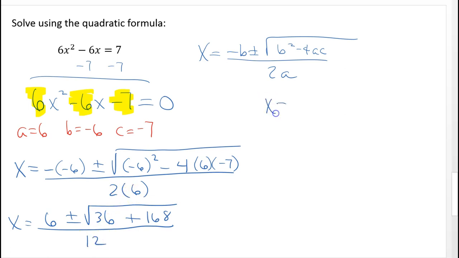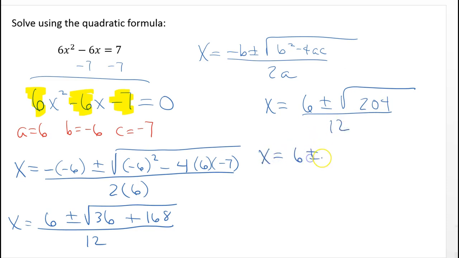The process is you just continue to simplify this as much as possible. So 36 plus 168 gives me 204, okay, over 12. Now we need to break down 204. What I'm trying to figure out is, is there a perfect square that divides evenly into 204?